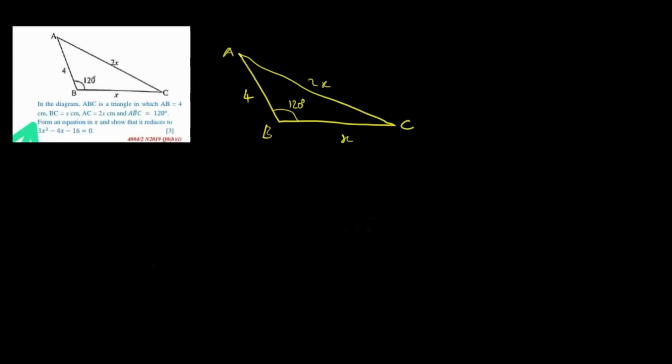By acute, we mean they should be less than 90 degrees. Because if we already have a 90-degree angle, we cannot possibly have another angle which is 90 or greater, because that defeats the sum of interior angles of a triangle, which should always be 180 degrees.